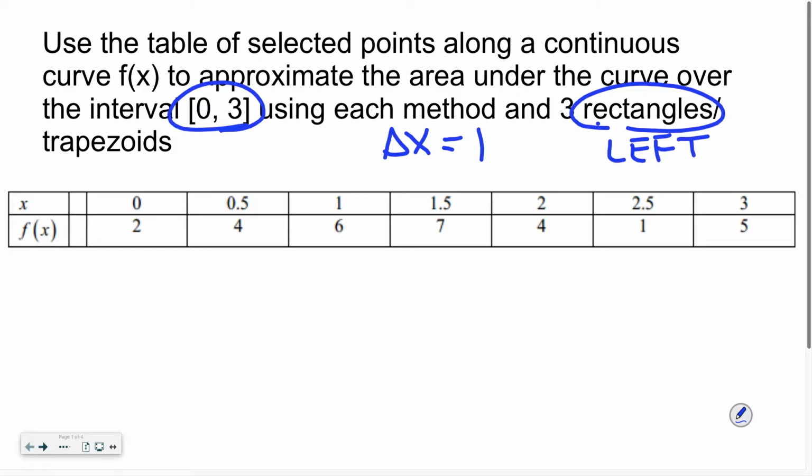My suggestion to you would be to make a visual representation of where your rectangles stretch from. So if delta x is 1, you have a rectangle from 0 to 1, a rectangle from 1 to 2, and a rectangle from 2 to 3.